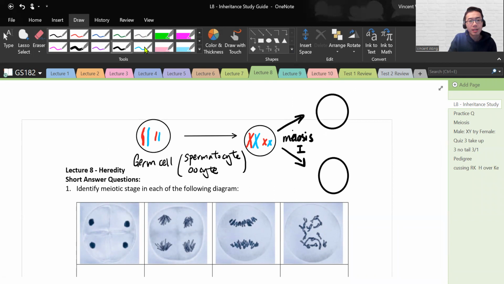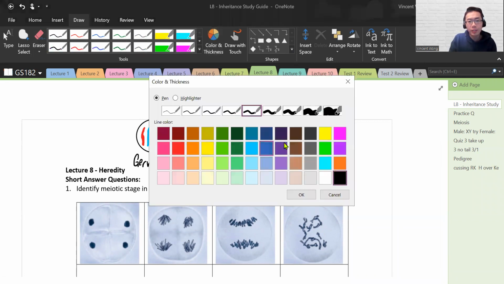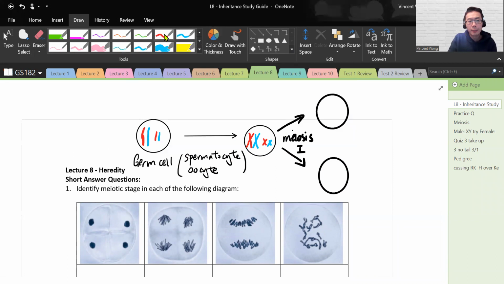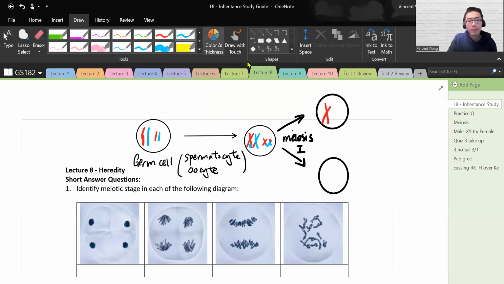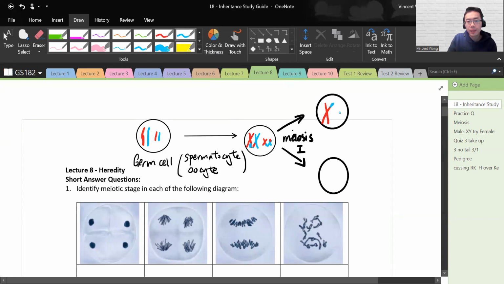Now, there might be some exchange of genetic material going on here. You know, some of the red will get to the blue one, and some of the blue will get on the red, right? This is called crossing over, which creates genetic variation, right? So afterwards, when you separate the chromosome, you might end up having a pair like this, with a bit of blue stuck on it, and then you will get the small one as well, but this one has a little bit of red stuck in it.